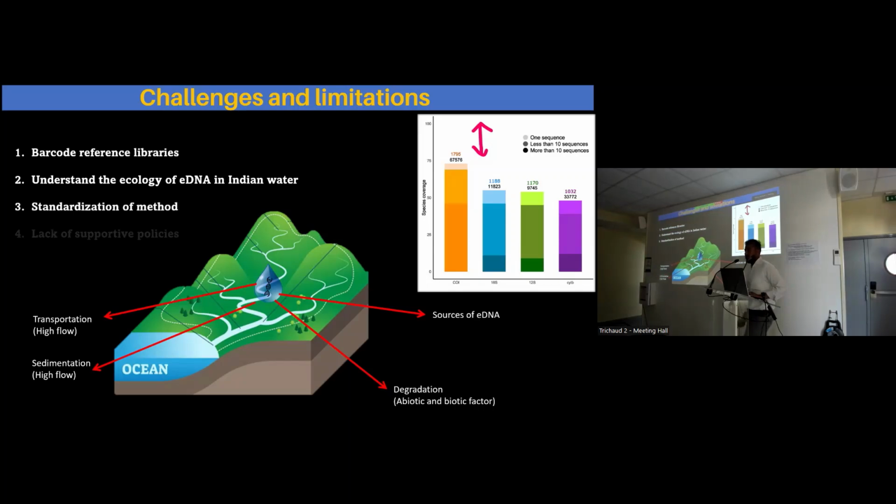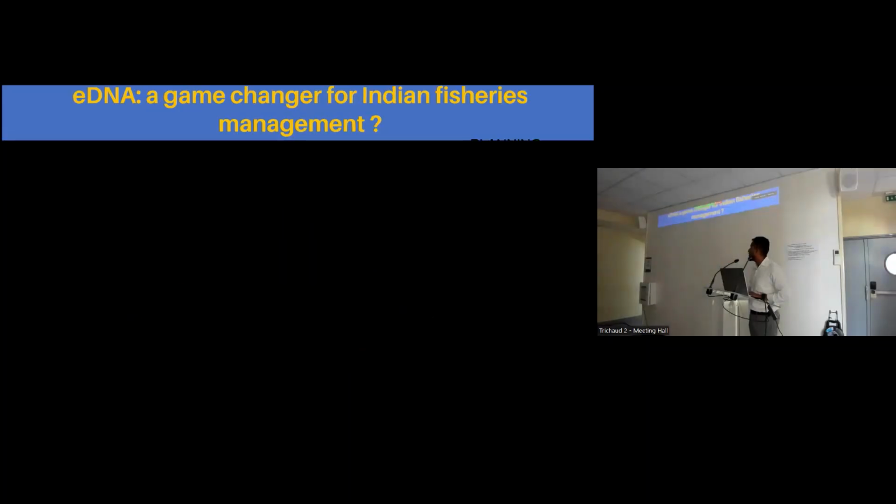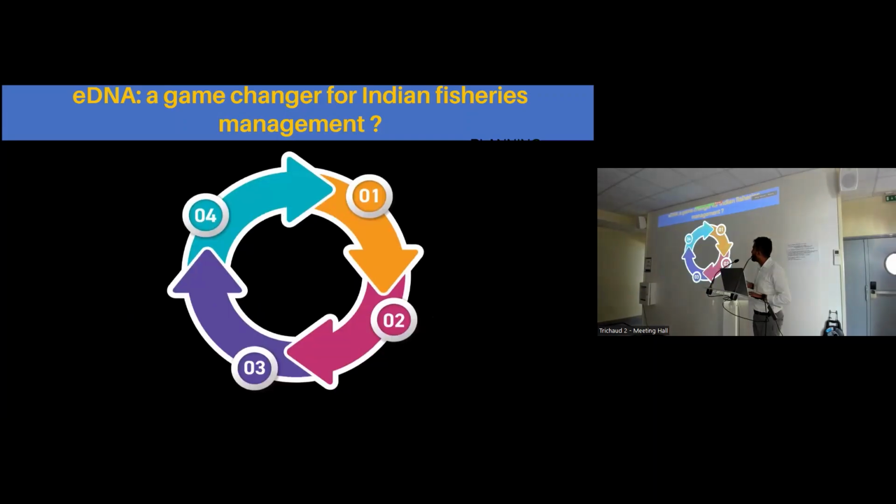Right now we don't have a universal methodology for eDNA analysis, so each region has to standardize the methodology based on its local and regional scale. And the last one is the lack of supportive policy, which is still ongoing, because we are not seeing fish directly, we are capturing fish indirectly. So there is still a need for some supportive policy for implementation of this methodology.